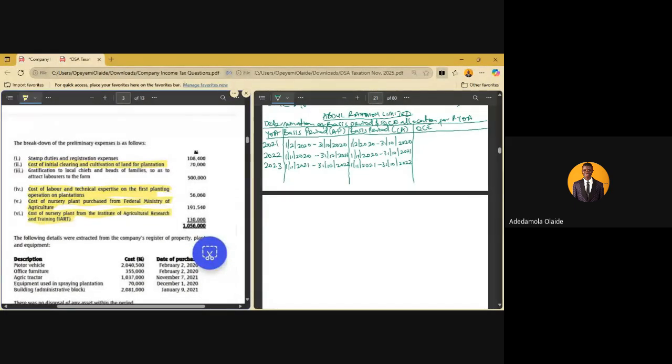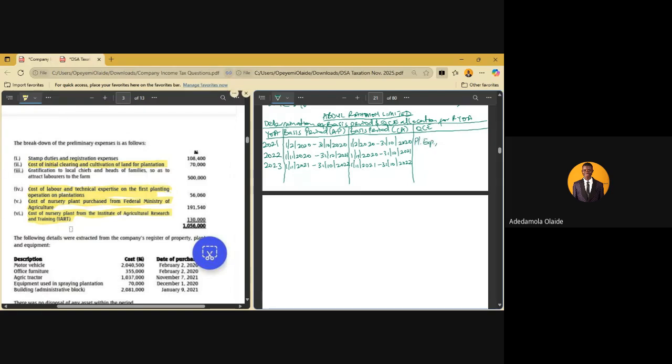So all of these are plantation expenditure. Since it was incurred preliminary, that means it was before the commencement. We'll assume it was on the date of commencement. So we'll have plantation expenditure.